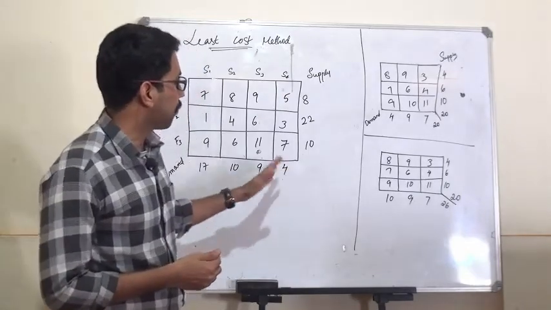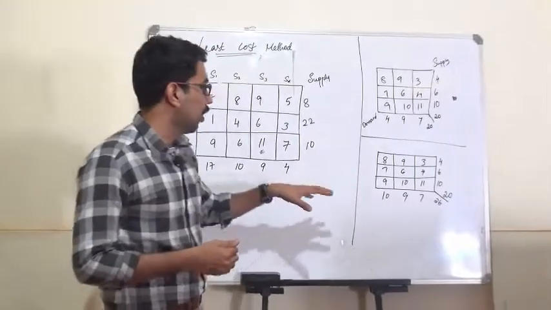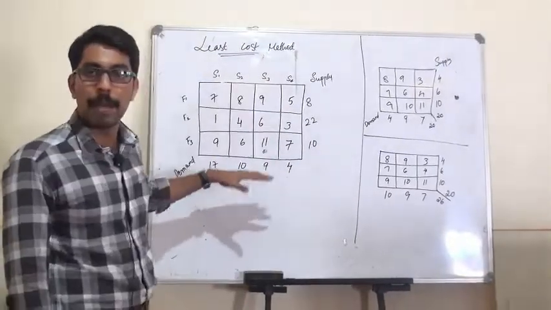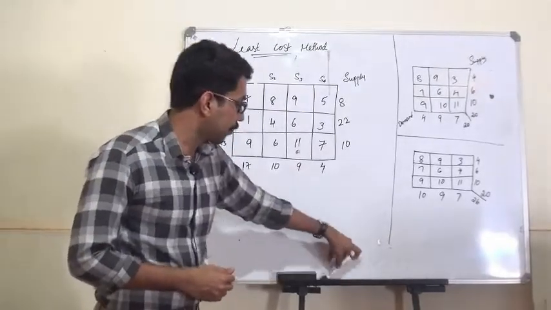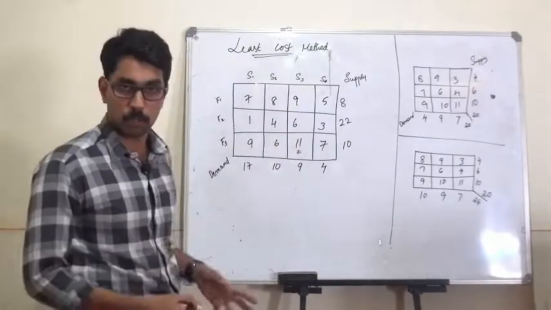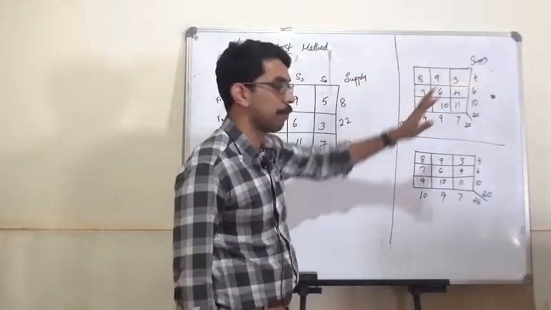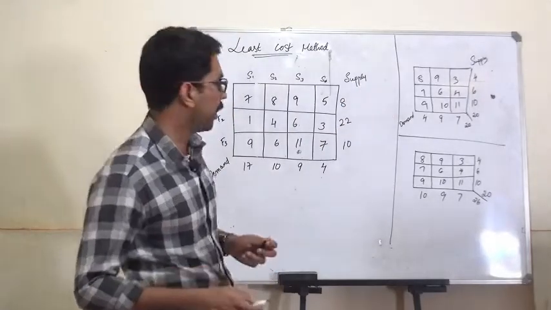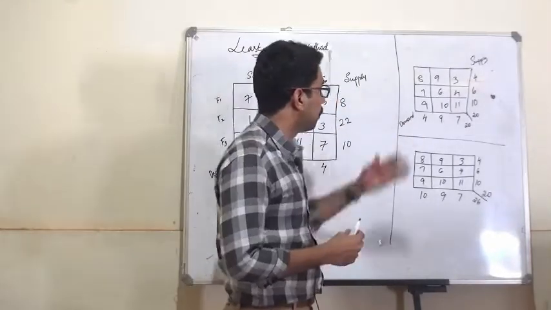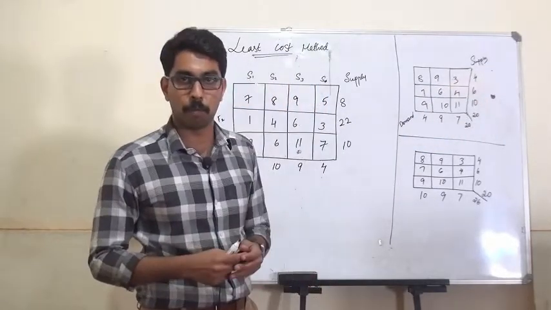Before we start this problem, first we have to check whether the given table is balanced or not. So let's see. First of all, we have two demo tables here. Balanced means both demand and supply are equal in a balanced transportation problem.